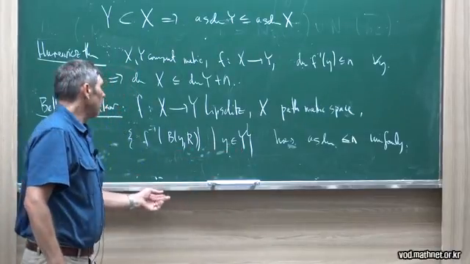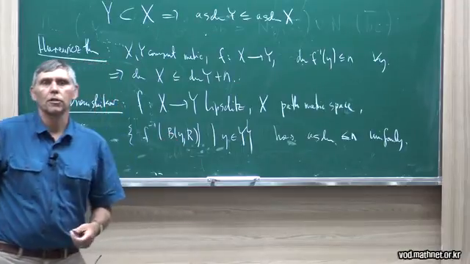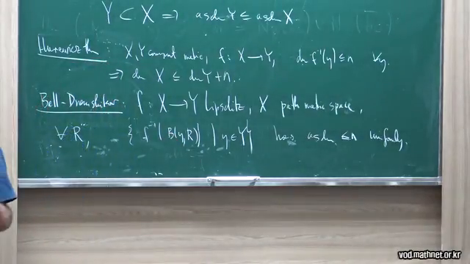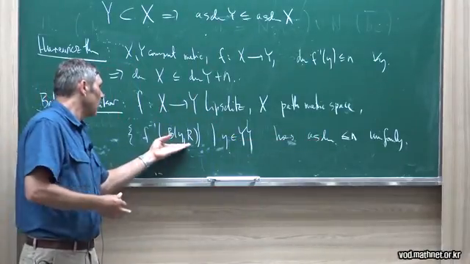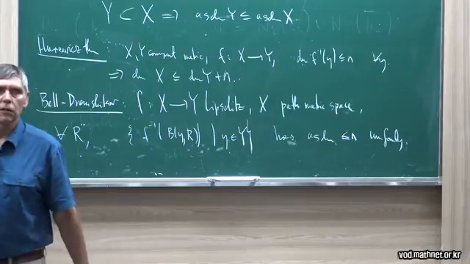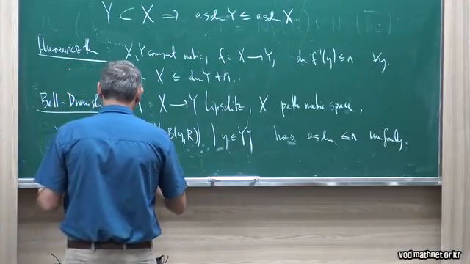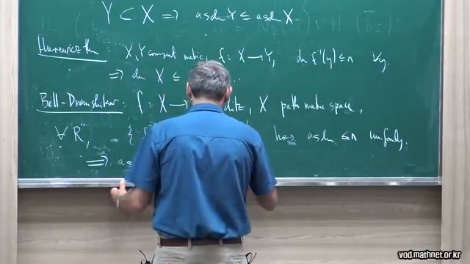So the most frequent application of this is when all these point inverses are actually isometric to each other. That's what happens in the group situation, and then you don't have to worry about this uniformity. Then the condition is just that one of them has asymptotic dimension less than or equal to n. And then the conclusion is that the asymptotic dimension of X is less than or equal to the asymptotic dimension of Y plus n.